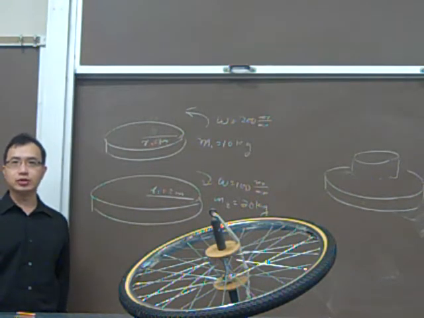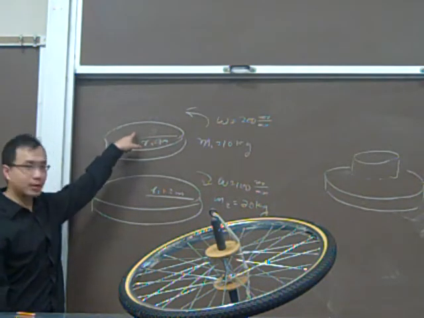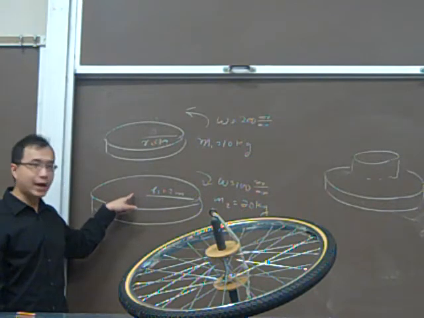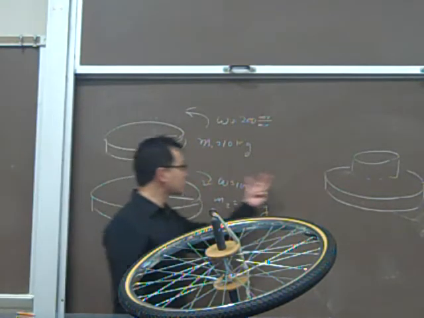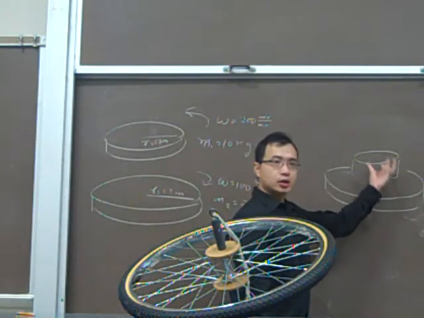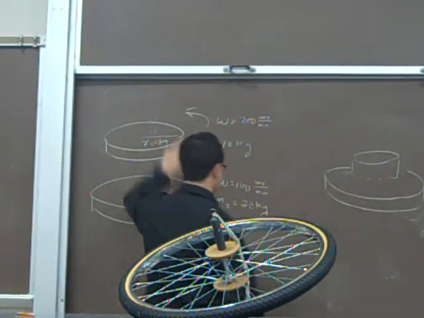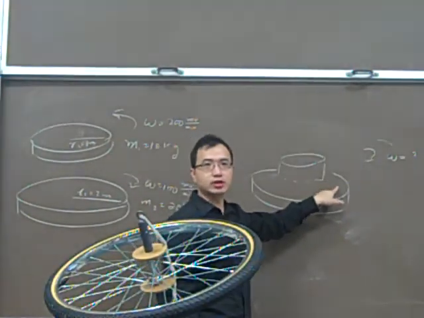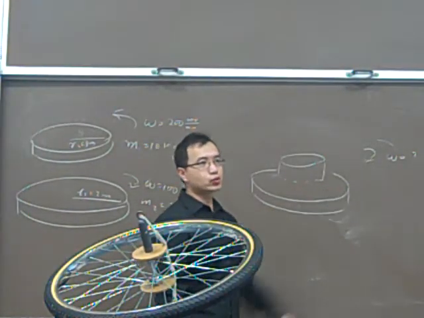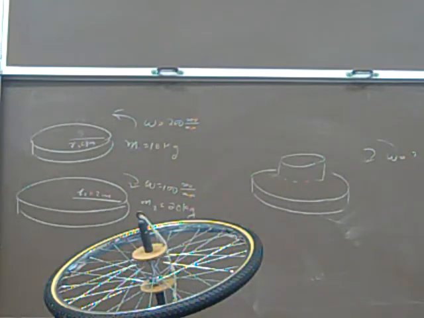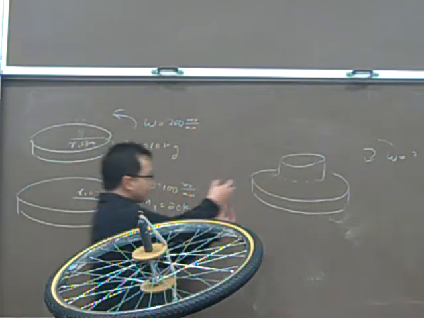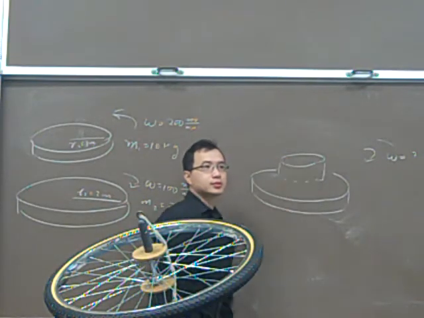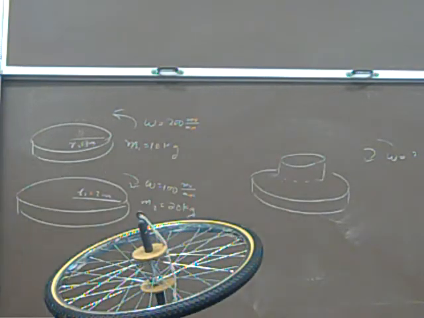Here, this one has some angular momentum, and this one has some angular momentum. After the coupling, the summation of the two angular momenta should give you the final angular momentum. The reason the angular momentum is conserved is that there is no external torque. The coupling force is an internal force. Without external torque, the angular momentum is conserved.